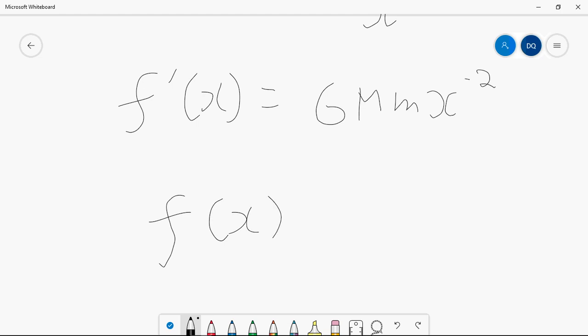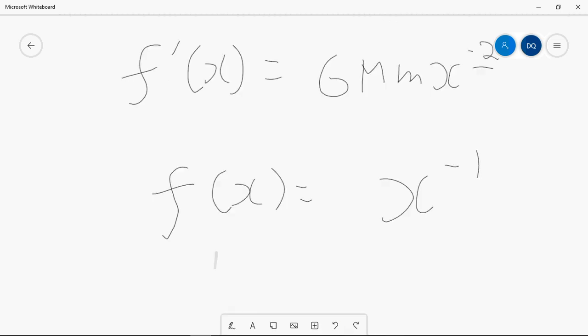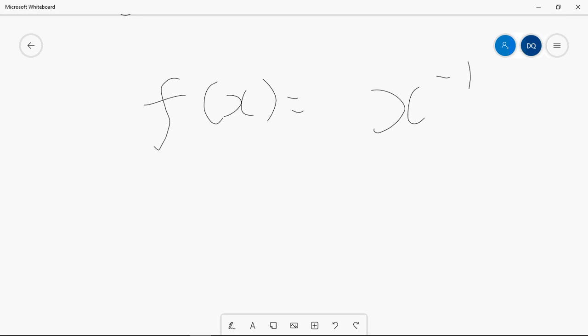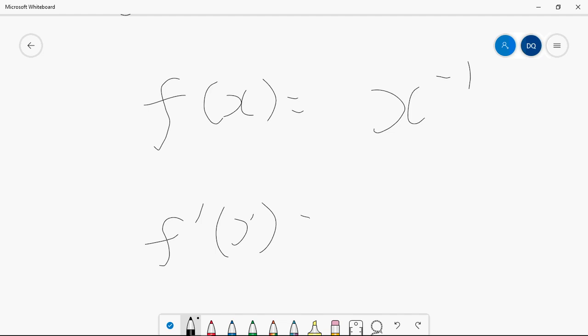We need it to end up with a minus 2. So let's say x had a minus 1. That's our first guess. So let's start there. If you take the derivative of x to the negative 1, then that's going to give you negative x to the negative 2.